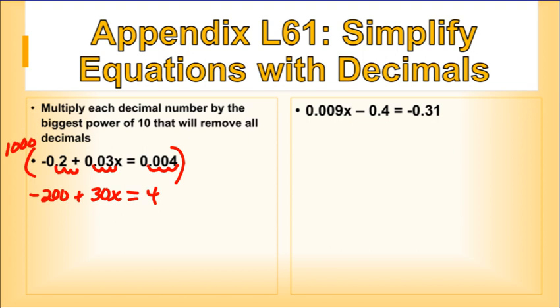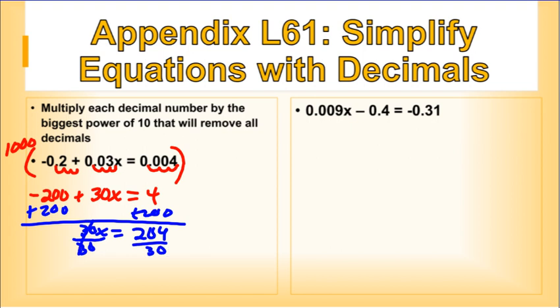Now we can solve this one. I can add 200 to both sides. And now I have 30x equaling 204. The x by itself, divide by 30. And I would have an answer of 204 divided by 30 gives us x equaling 6.8.